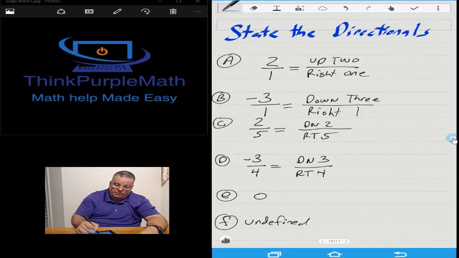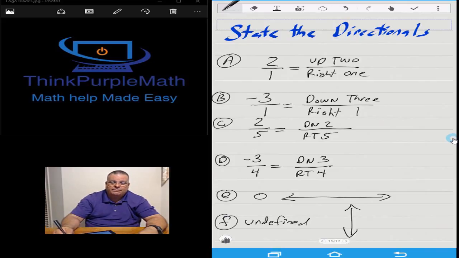A 0 slope is straight or flat at a given point. And we'll talk about that later. Undefined, you would have a straight vertical line. Well, that's a look at computing slopes given 2 points, or possibly the grid or the graph.